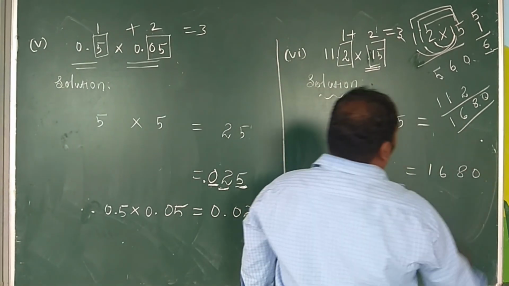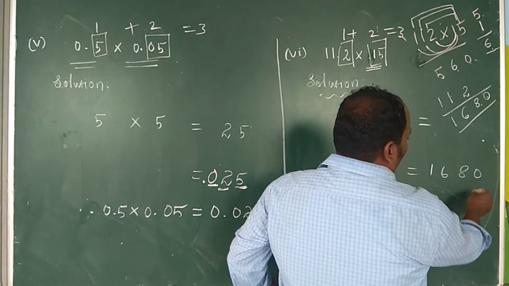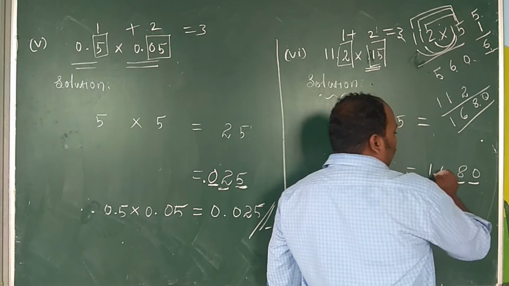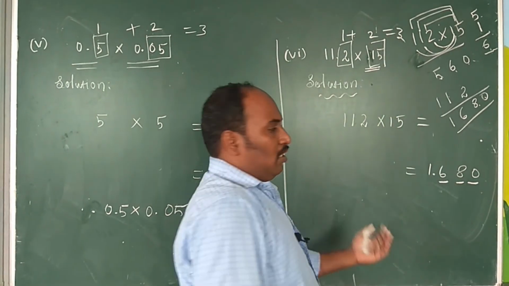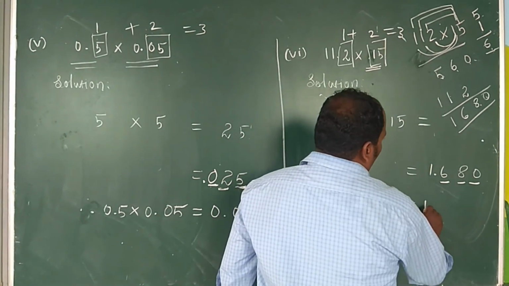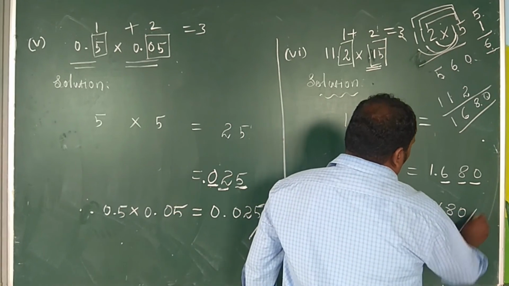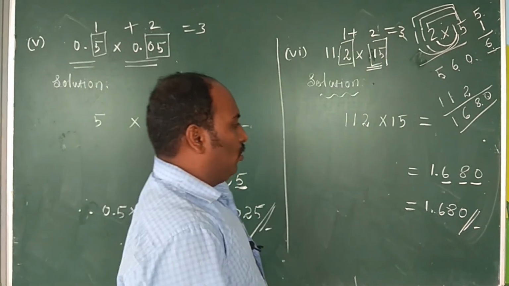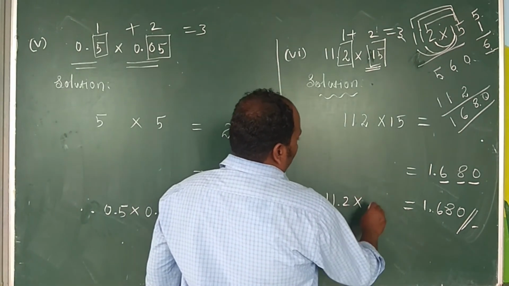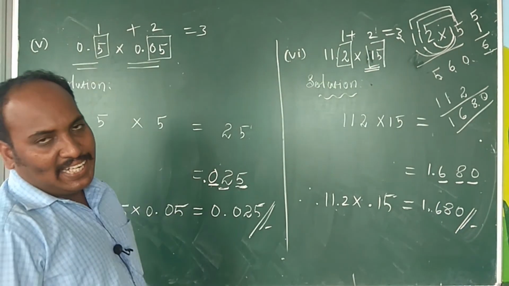We have 3 decimal places, so we place the decimal point before 3 digits. So our answer is 1.680. Therefore, 11.2 into 0.15 is equal to 1.680.